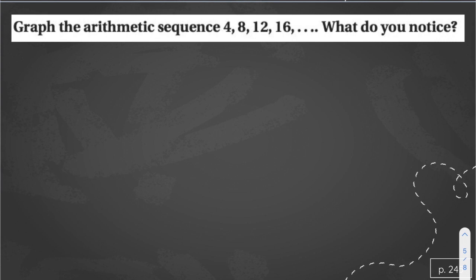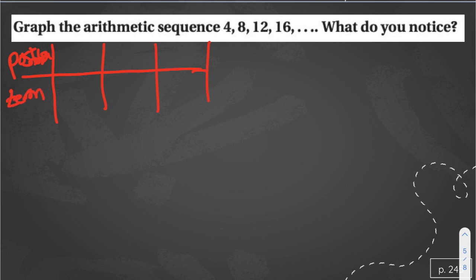One thing that I need to point out, when we're dealing with these arithmetic sequences, if we were to put them on a table, we would put the position up top, and then we would put the term on the bottom. What I mean by position is that 4 is the first one in line. So its position would be 1, and the term is 4.